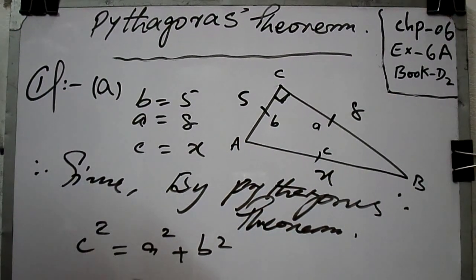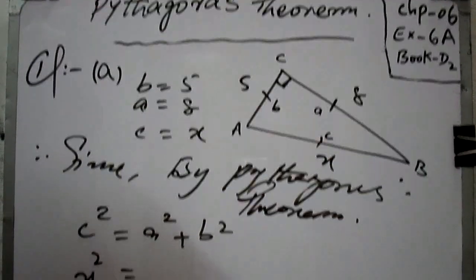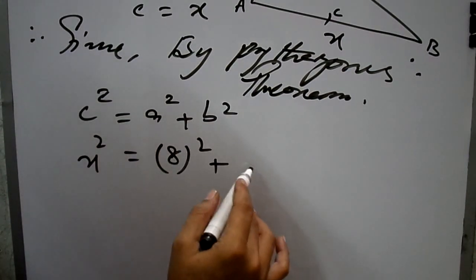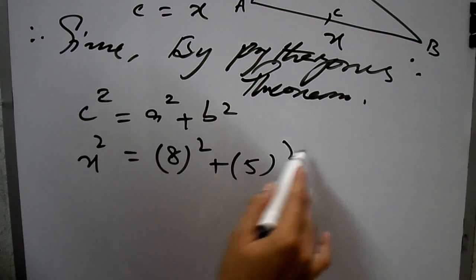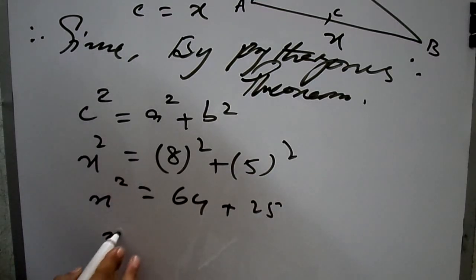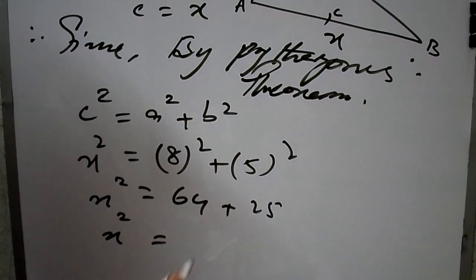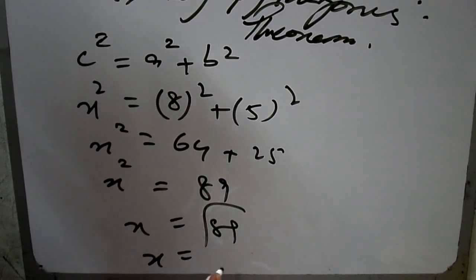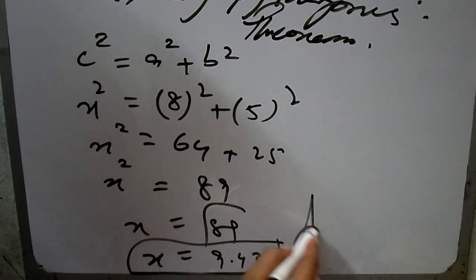So we have to find the value. C is your x, so x square is equal to 8 square plus 5 square. Adding it, you will get x square equal to 89, so the value of x is the square root of 89, which is 9.43. That is your answer.